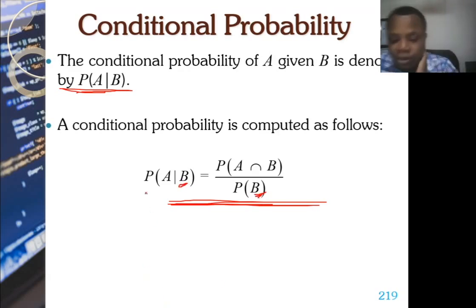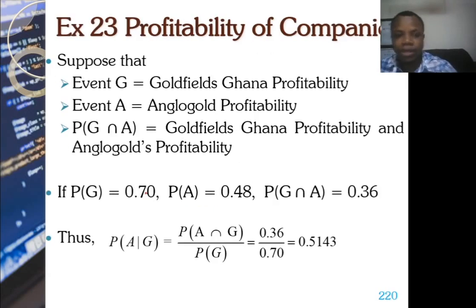Okay? So let's take an example. We dealt with the profit margin of Gold Fields and that of Anglo Gold in previous sessions. In that same example, we gave the profit margin of Gold Fields to be about 70%, and that of Anglo Gold to be about 48%, and their intersection to be 0.36.